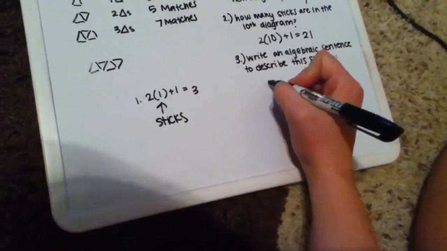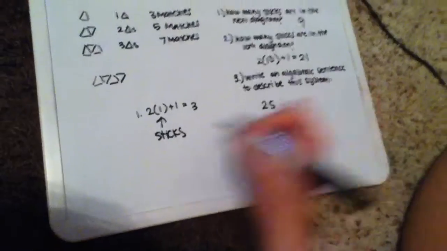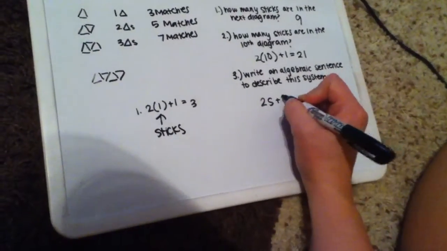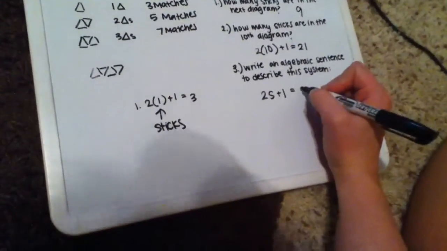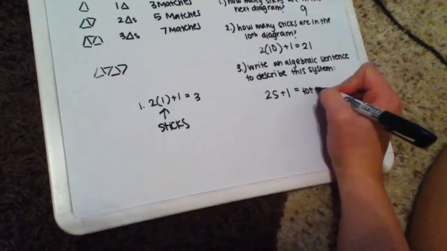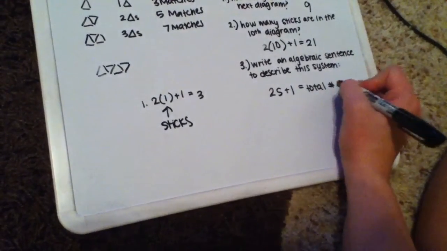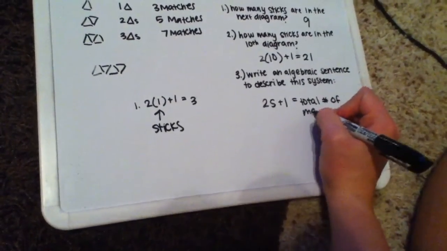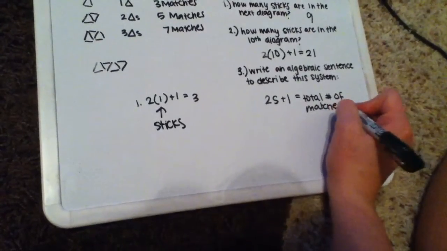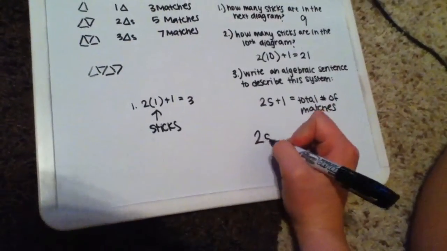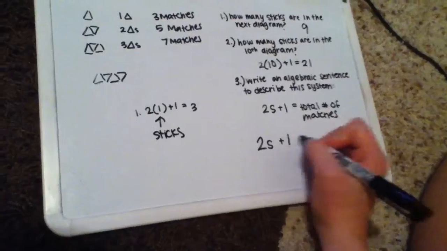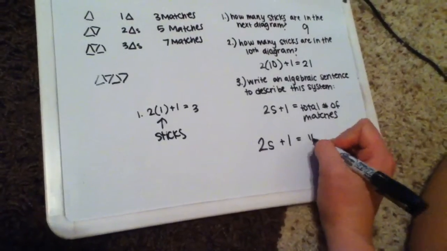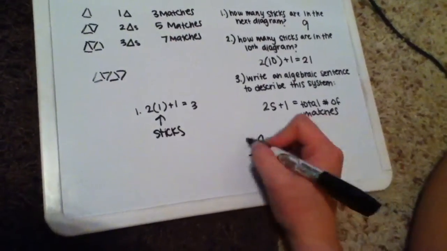So we're going to write 2s to represent the sticks plus 1 is going to equal the total number of matches. So 2s plus 1 equals the number that we need. So that will be our algebraic expression.